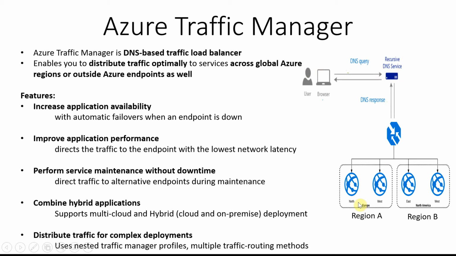It will look at the geographical parameters as well, in terms of how much time it takes to reach and get the data. So it will always take the lowest network route rather than the longest network route. And this will also help you with downtime.